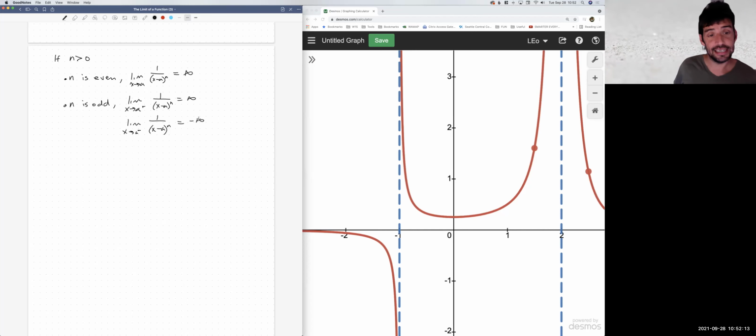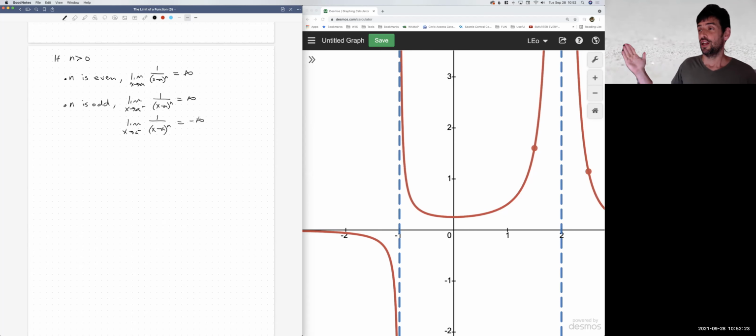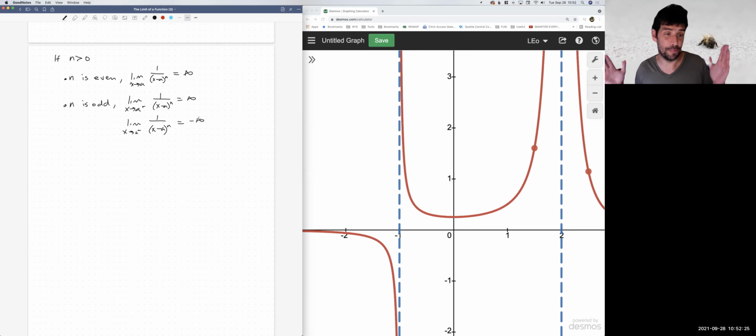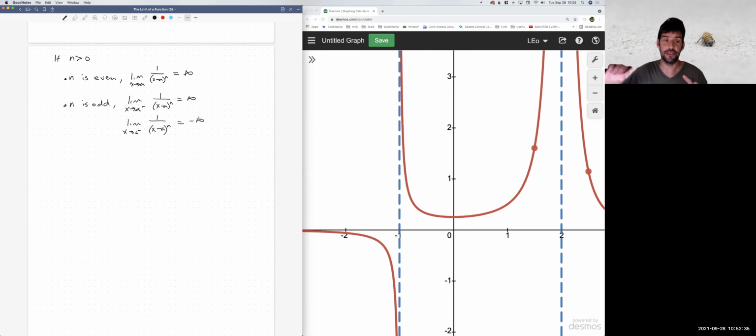When n is odd, it depends on which direction we're coming to it from, right? If we're above the asymptote, the place where it's not defined, A, x minus A is going to be positive, and then it's an incredibly small positive number, and we take it to some power, and so we get an even smaller positive number, and then we take the reciprocal, we get an incredibly large positive number.